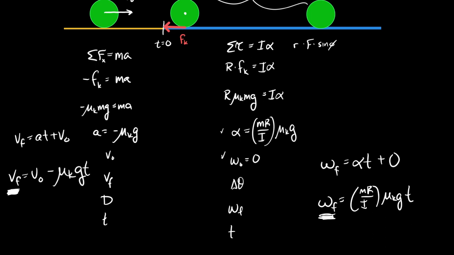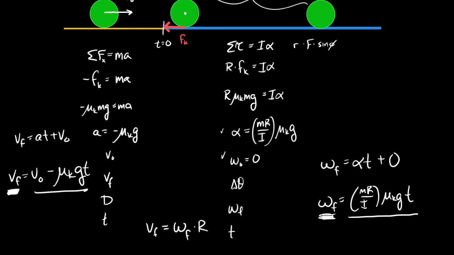Right? Well, they're rolling when V f equals omega f times r. That's when rolling occurs. If we find out how long it takes this times r to equal this, then that time is how long it takes until we're rolling.